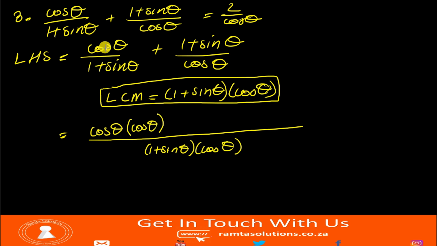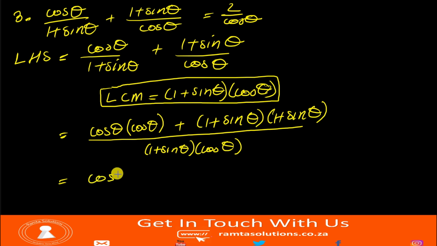So you multiply this cos theta by that cos theta that's remaining. Plus, again, 1 plus sine theta. Again, you will divide the LCM with the denominator here, and you will be left with 1 plus sine theta.